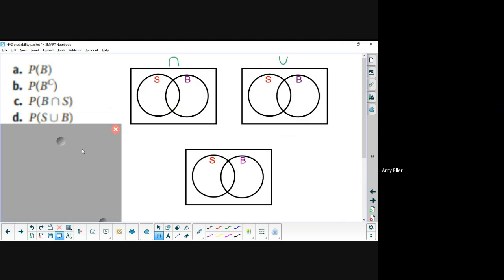Words may be helpful. This symbol means intersect. So you only want the intersection of circle S and B, which is this. This means union. So all of S in union with all of B. Another way we say it is S or B.